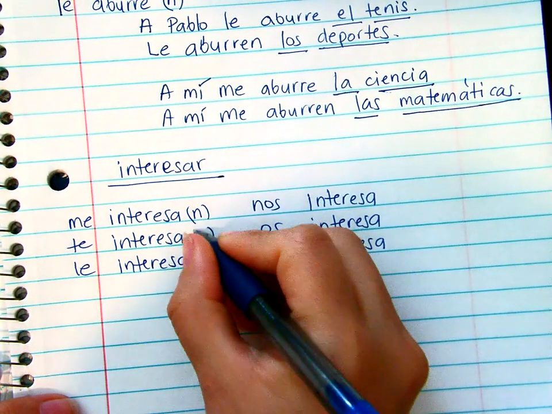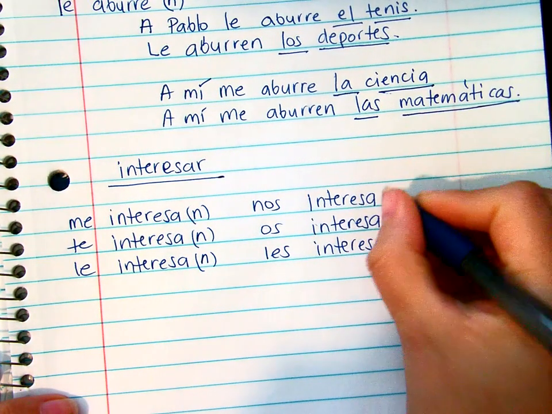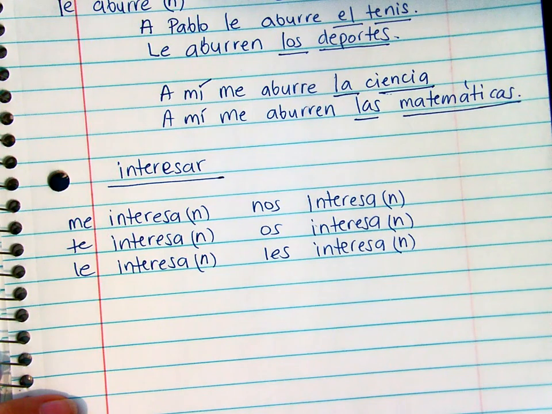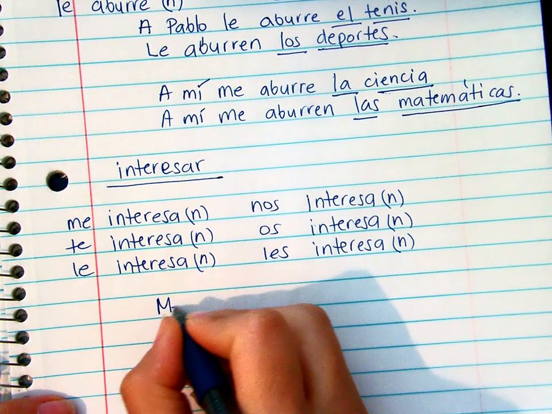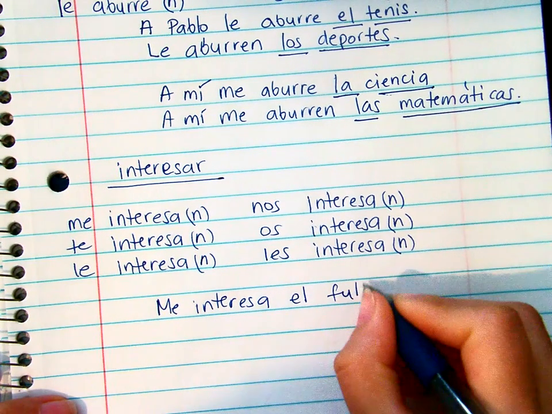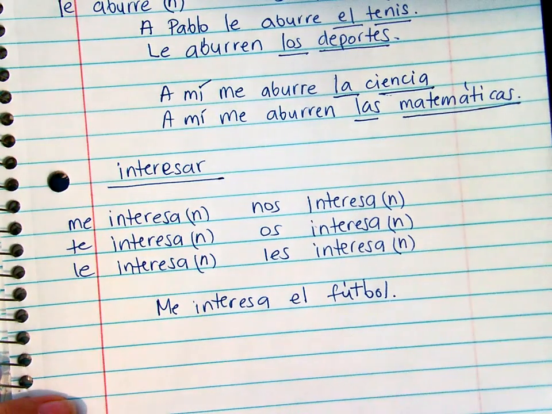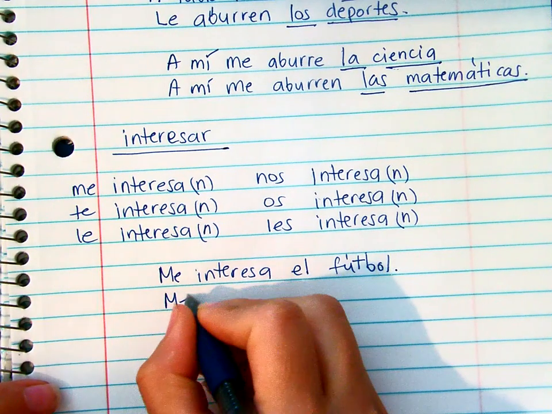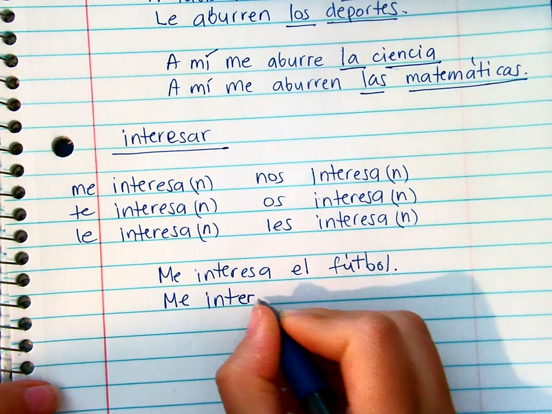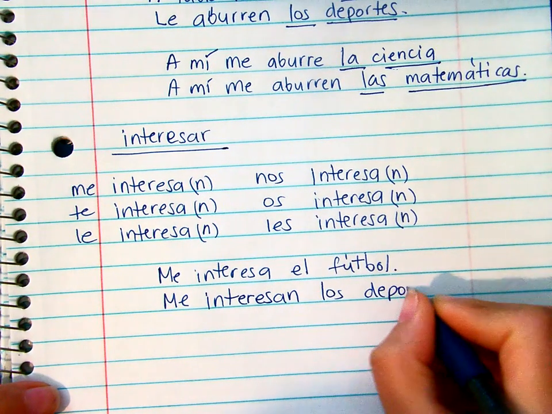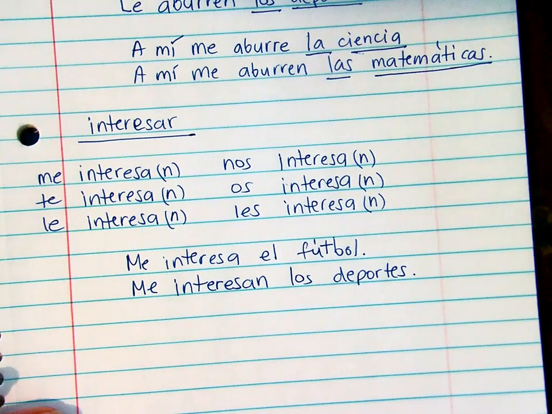Add an N for plural. And interesar means to interest me, like I am interested in that, right? Me interesa el fútbol. A mí me interesa el fútbol. Soccer interests me. Me interesan los deportes. Sports are interesting to me.